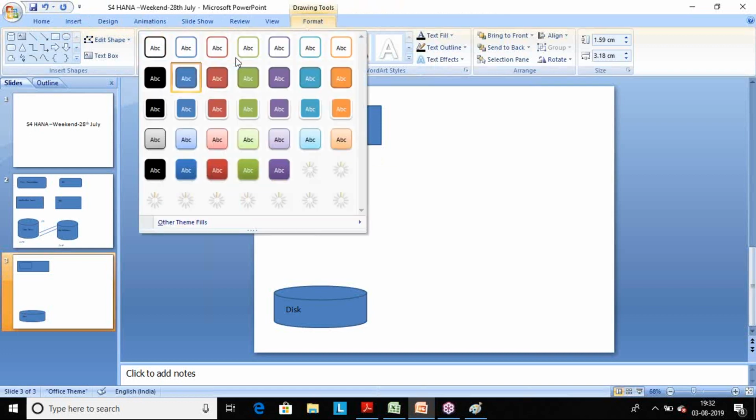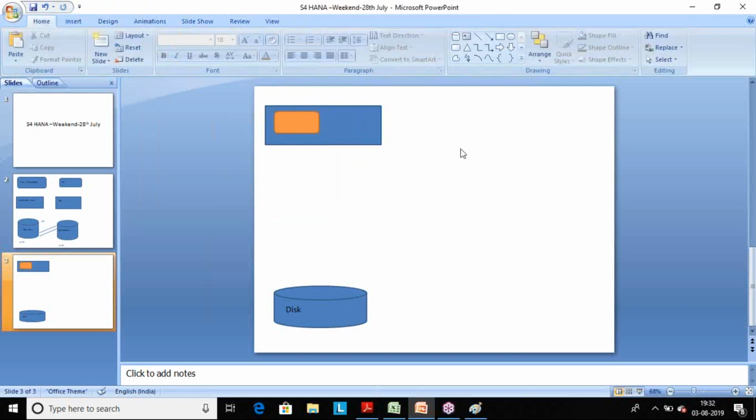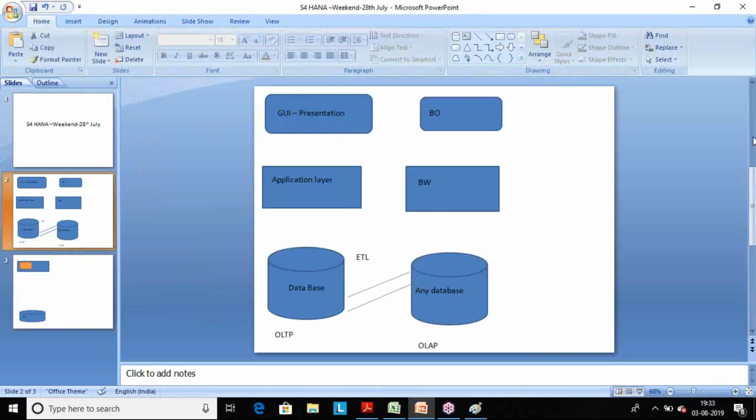So when you are transferring the data, in the application layer we have the dispatcher and work processors. When you are going to save the data, the user added the data, fed the information. Here we have multiple processors. Let's say you are creating master data and you saved it, it goes to a specific table. How? With this processor. Again, suppose you created the vendor and I am searching the vendor.